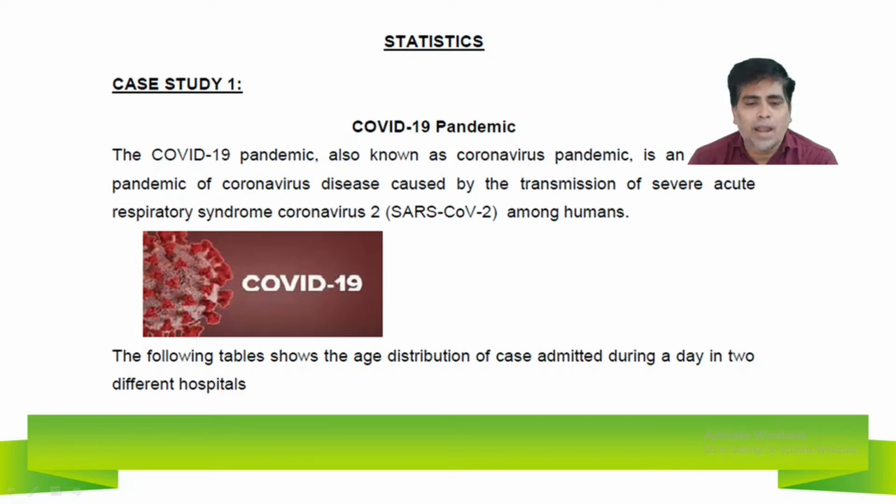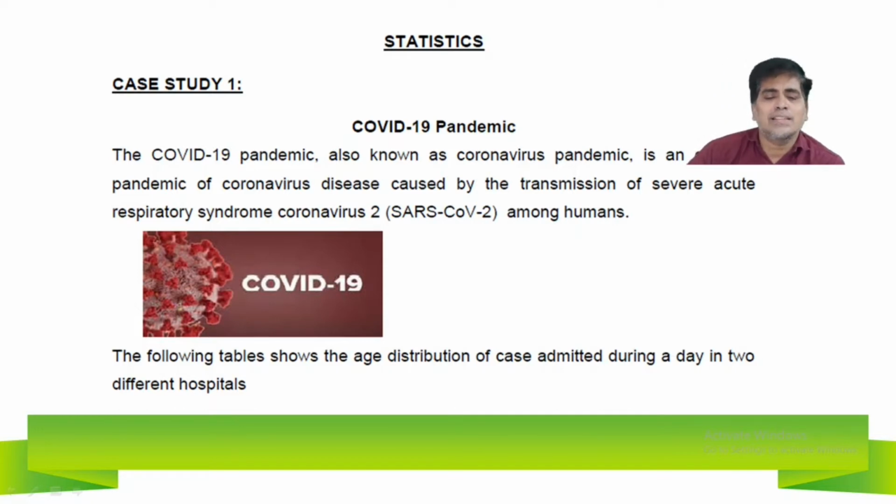The COVID-19 pandemic is also known as the corona pandemic. It is an ongoing pandemic of corona disease caused by the transmission of severe acute respiratory syndrome coronavirus 2, SARS-CoV-2, among humans. The following table shows the age distribution of the cases admitted during a day in two different hospitals.